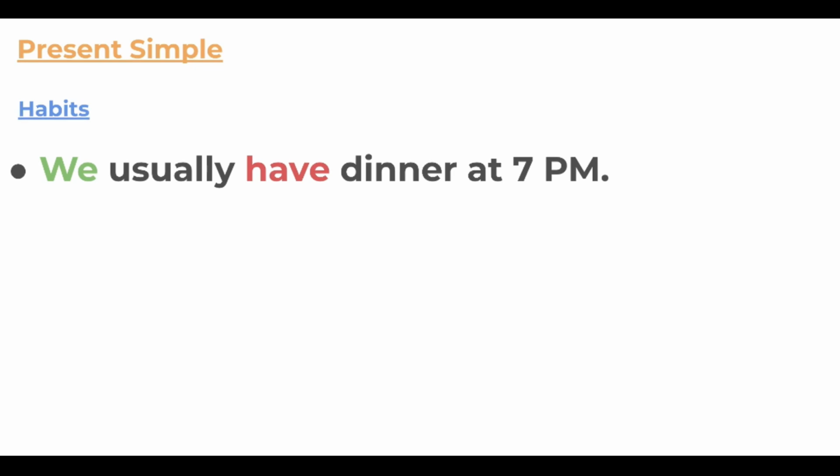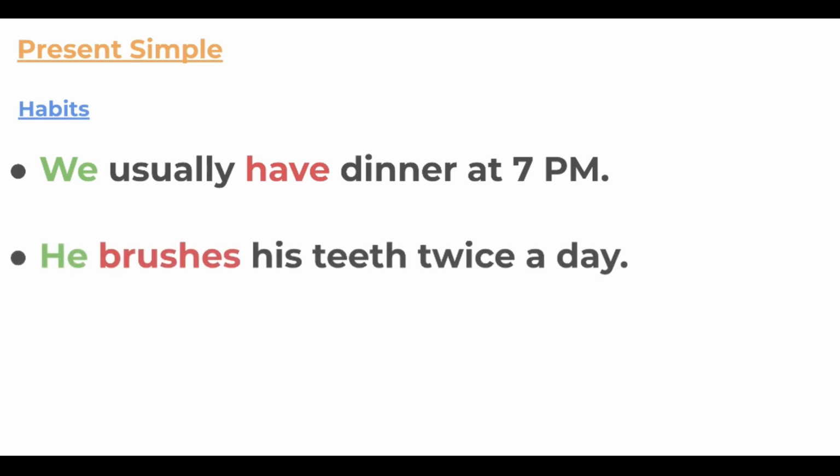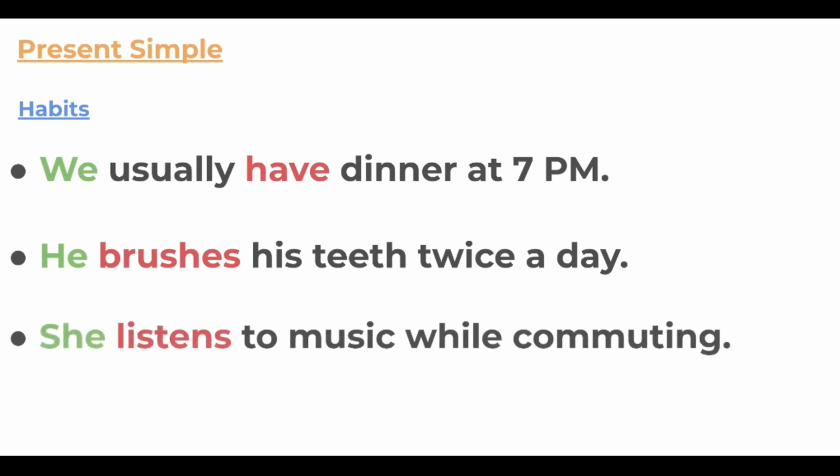We usually have dinner at 7 p.m. He brushes his teeth twice a day. So the verb matches the subject he there. And the last one, she listens to music while commuting. So these are habits, things that you do basically every day, I would say. And that is definitely something you can talk about in the present simple.